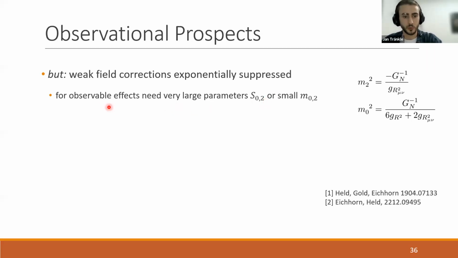So in turn, if we would want observable effects, we would either need very large parameters S0 and S2, or we would have to have these masses of the new modes very small. And this could be achieved by having very large couplings of the new curvature terms. So I'm showing you here the relation of the masses M0 and M2 to the couplings of the R squared and R mu nu squared terms.